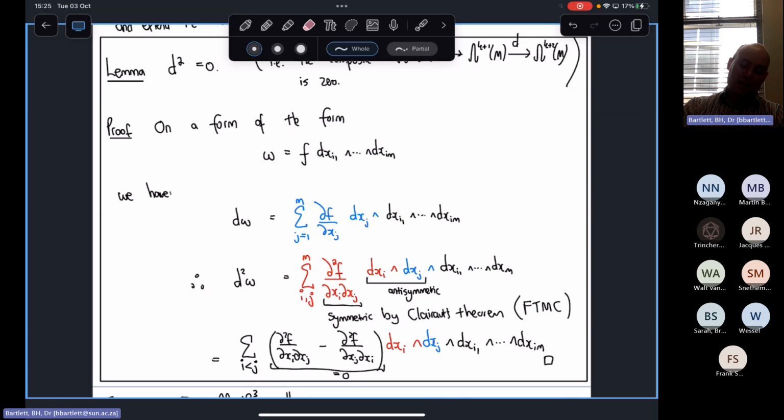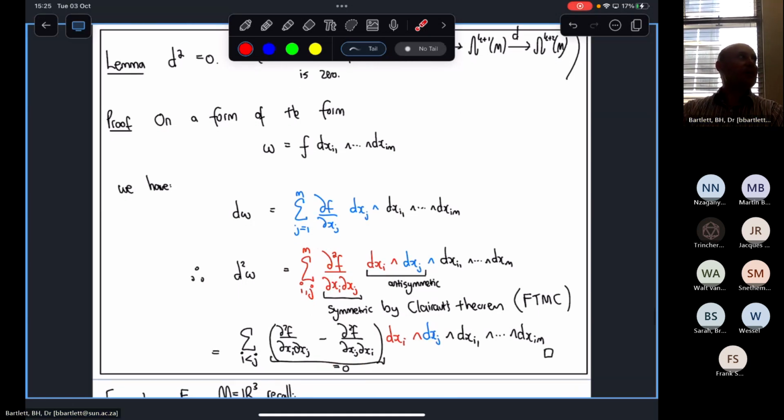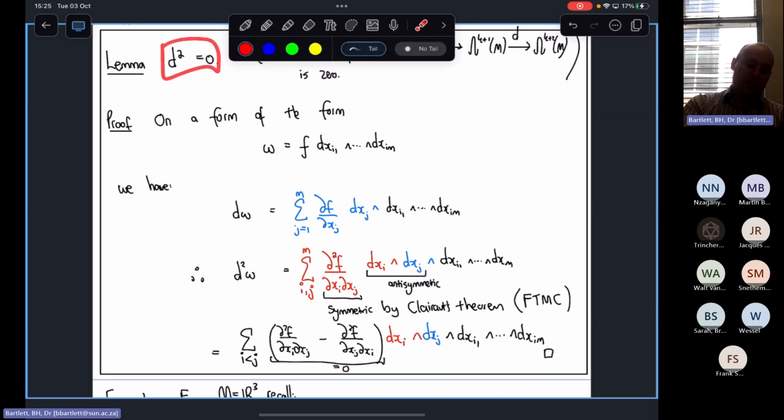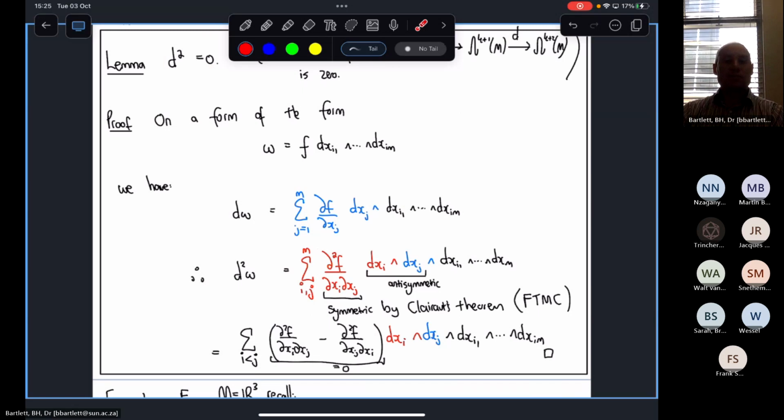Where i is greater than j, I could just swap their order so that I can write it like this, and then I'd pick up a minus sign, so I'd get this in front, and this term is 0 by Clairaut's theorem. So the fact that d squared equals 0 follows directly from Clairaut's theorem. In fact, it's equivalent to Clairaut's theorem.